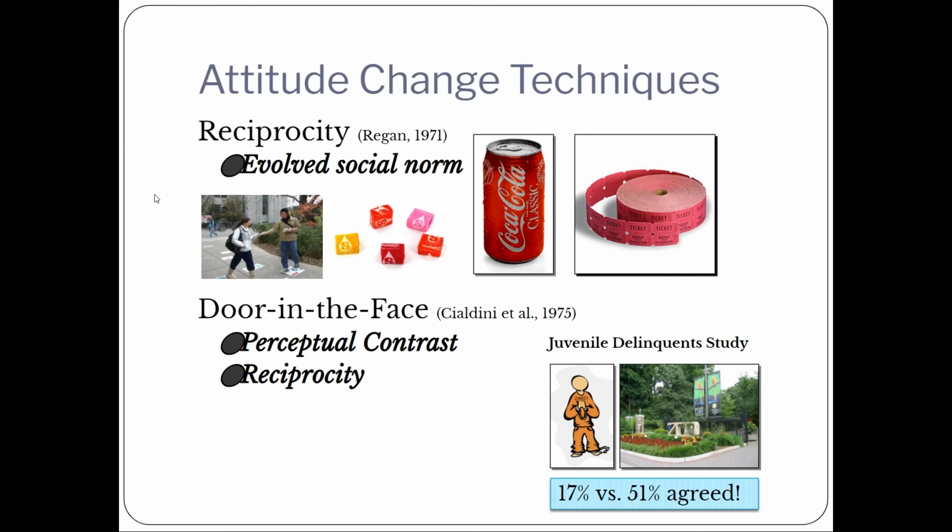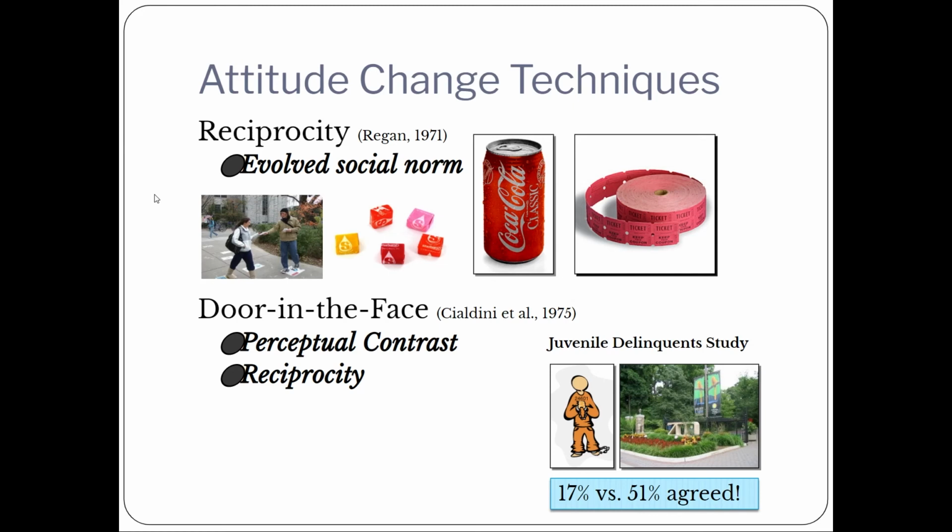So the study that he used to demonstrate the door in the face technique is the juvenile delinquent study. The participants in the study were approached by the researchers, and these participants were college students. They were asked for a favor.